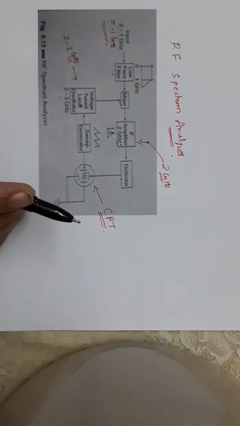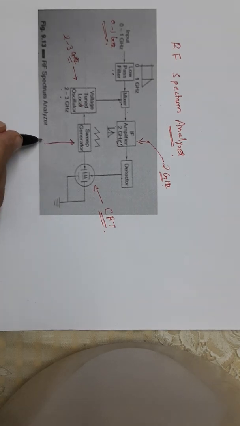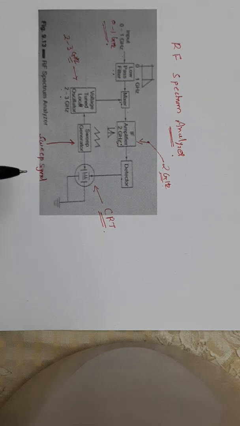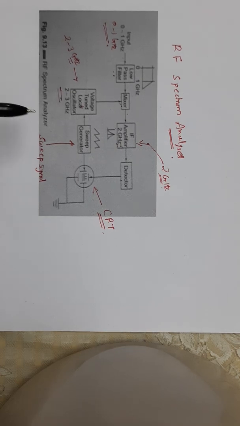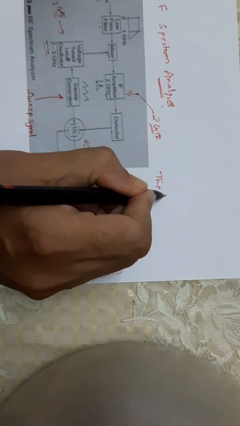From this, it is observed that as the sawtooth signal, or sweep signal, sweeps, the local oscillator also sweeps linearly from 2 to 3 gigahertz like this.